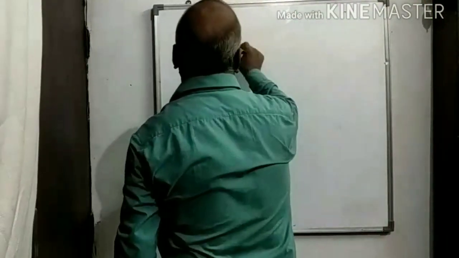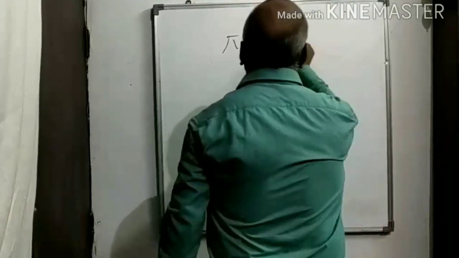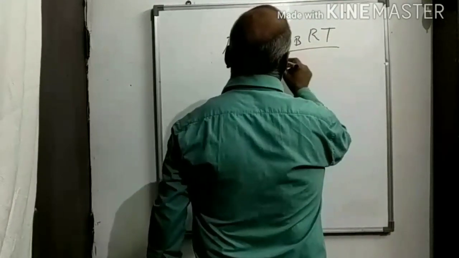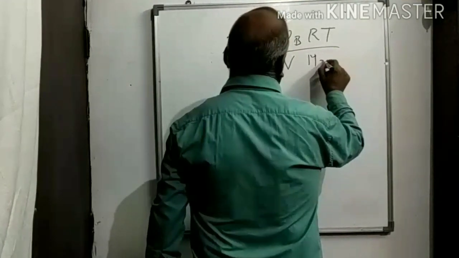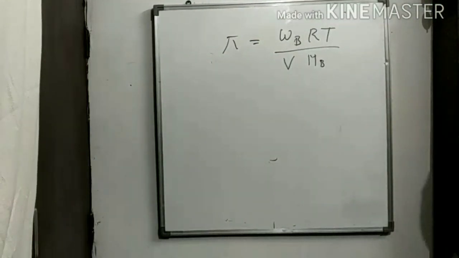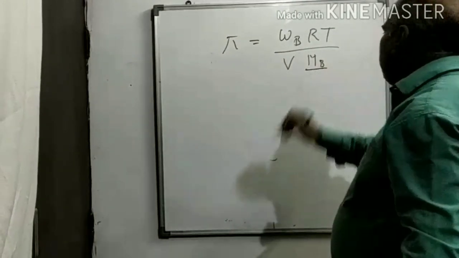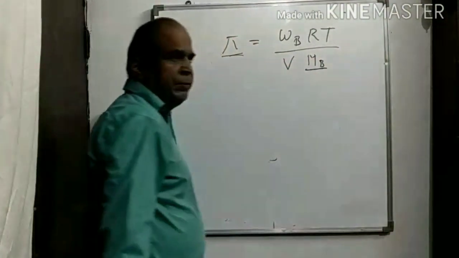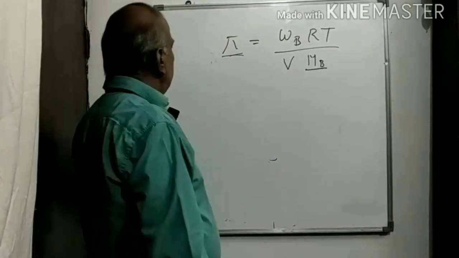That is, pi is equal to WB RT upon V into MB. By using this formula, we can calculate the molar mass of the solute if the osmotic pressure is given. Let us consider an example which I would like to solve here.